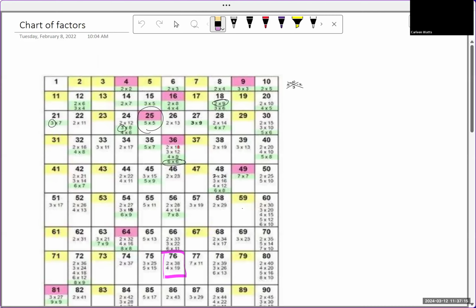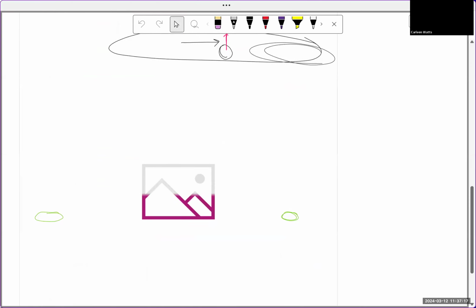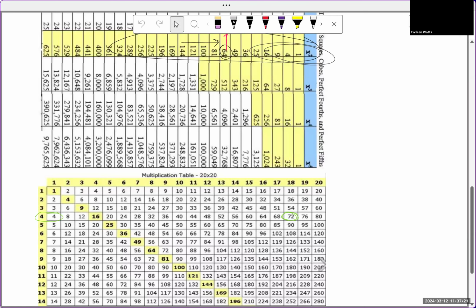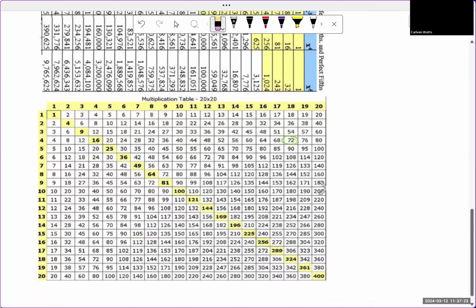Okay, I'm going to look at the multiplication table for 2, 3, 4, and 12. What is the least common multiple of 2, 3, 4, and 12? Do we see that it's 12?